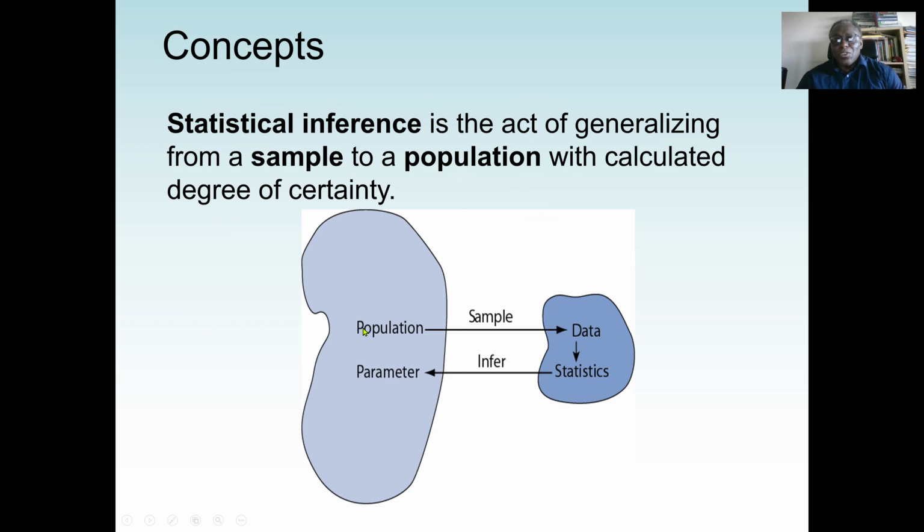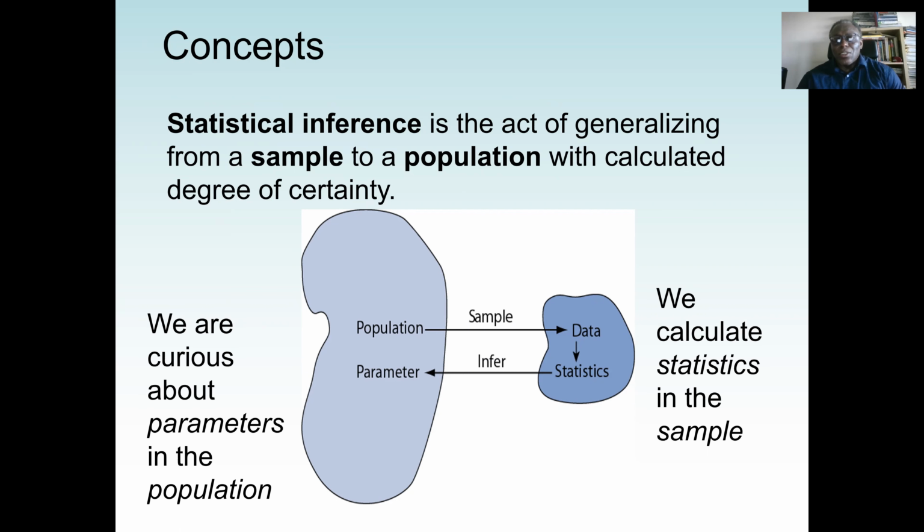The characteristics of a population are called parameters. So a parameter means a characteristic of a population, such as the mean of a population, the standard deviation of a population, etc. And statistics means the characteristics of a sample.